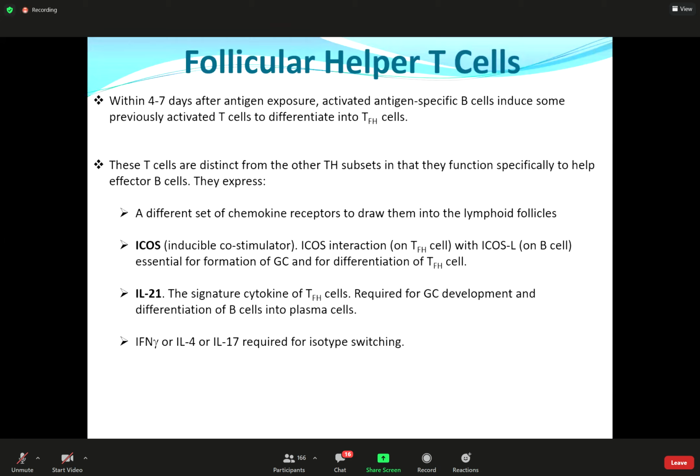So they are only dedicated for B cell help. And they express these two important receptor ligand interactions which you should remember, which is CD40 ligand and ICOS ligand. So the CD40 refers to the cross communication between the T helper cell and the B cell, but also with macrophages. And the ICOS is predominantly between the T and B cells.